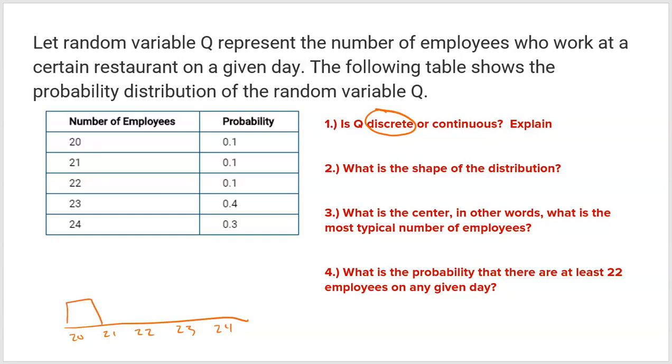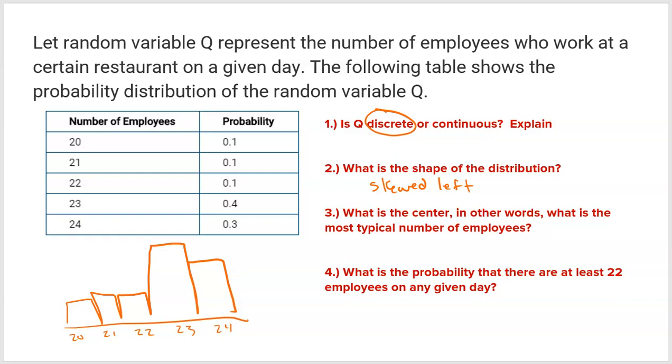So 20 is 10%, 21 is 10%, 22 is 10%, 23 is 40%, and then 24 is 30%. Now, I know I don't have a beautiful y-axis here for these, but again, now we see, oh yeah, that's skewed left. Why is that skewed left? Because the outcomes to the right, the larger numbers, 23 and 24, are much more likely than anything to the left side. Okay, it makes a lot of sense, right?